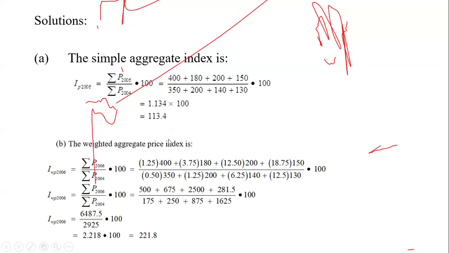Now when you come to the weighted, you have to multiply the shares by the price for both of them, for 2006 and 2004. So this is what you see there.